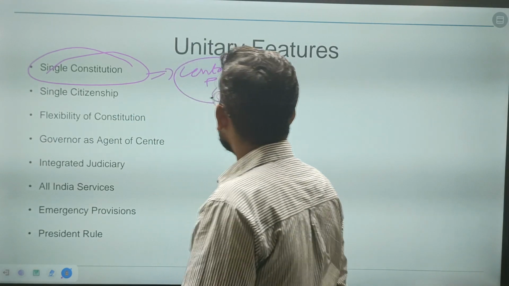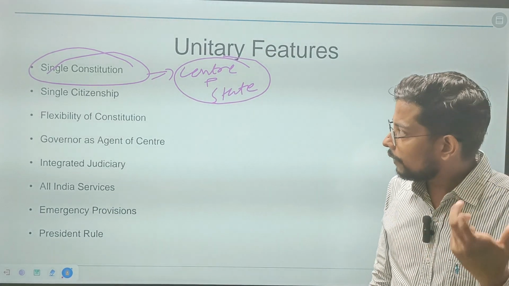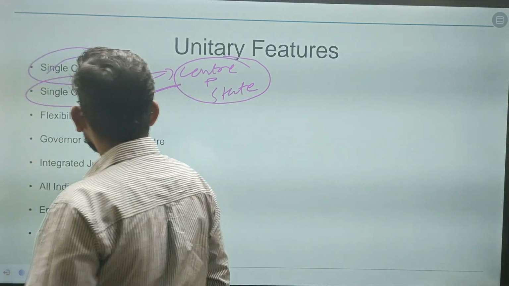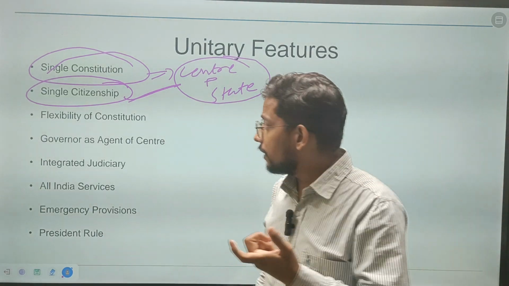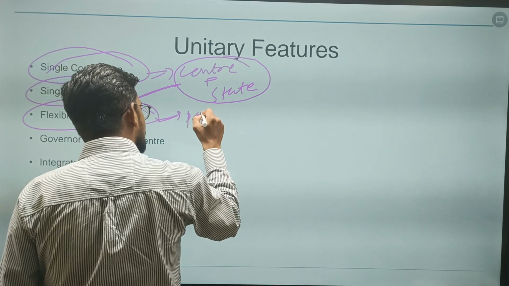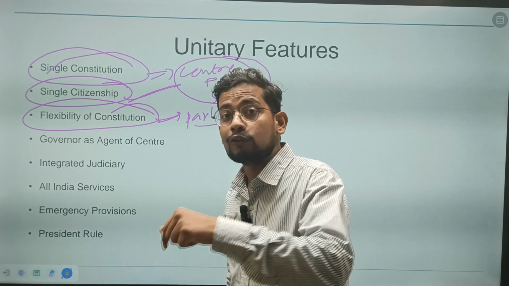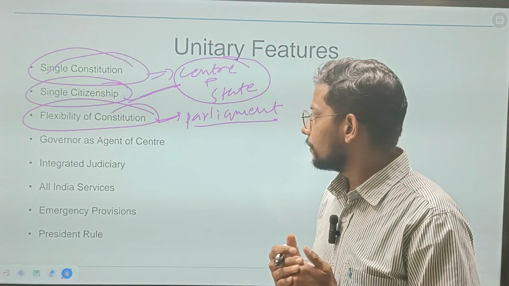But in the case of India, we have the same constitution. So this makes our constitution unitary, not federal. Then single citizenship. India has the concept of single citizenship, which makes us unitary. Then flexibility of the constitution. The Indian constitution can easily be amended by the parliament. So in simple terms, federal features can also be amended by the parliament. So this makes our constitution unitary.